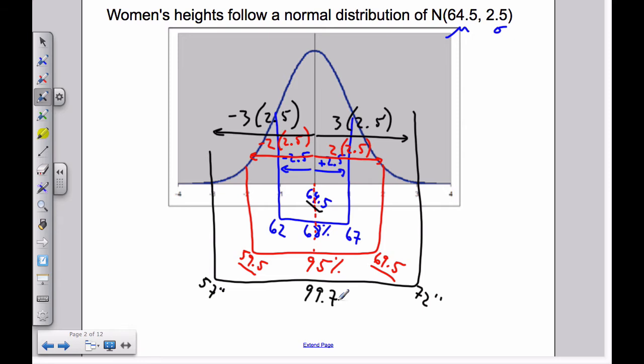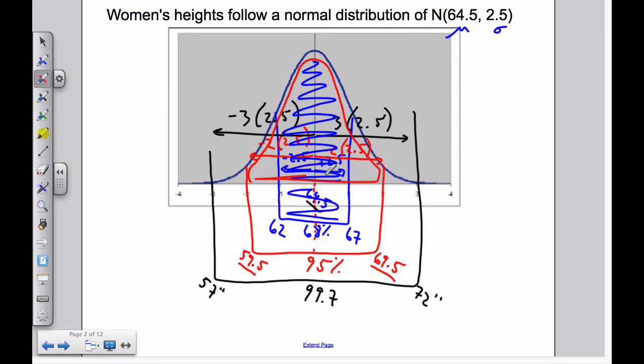And you can always think about this in terms of a picture. 64.5 is the 50th percentile, so 50%. The blue represents 68%, or inside this bell curve, that's where 68% of females fall. I look at the red, all that red is where 95% fall.